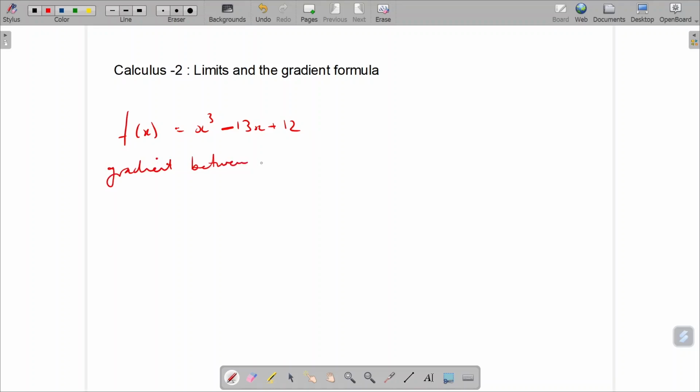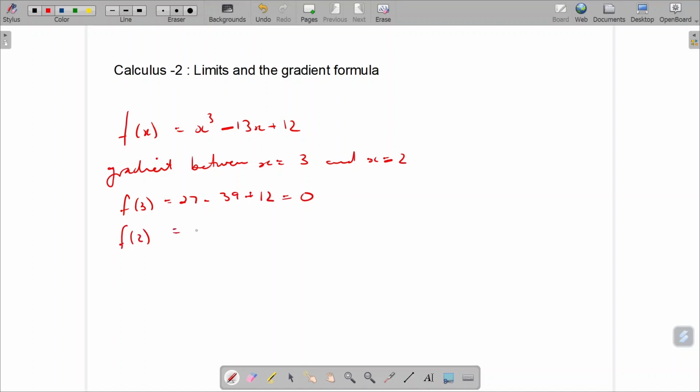between x equals 3 and x equals 2, what we're going to do is say, cool, we are going to put 3 in, get 27 minus 39 plus 12, and get a value of 0.